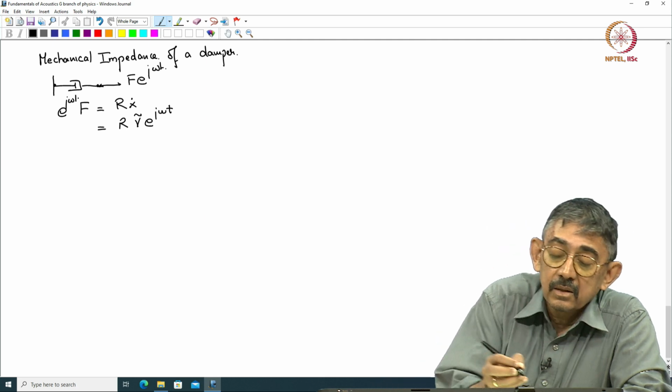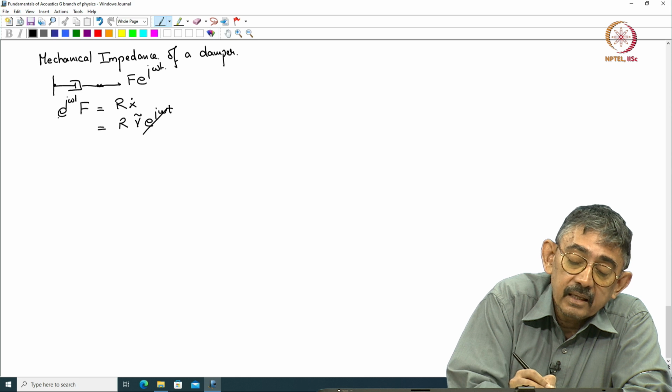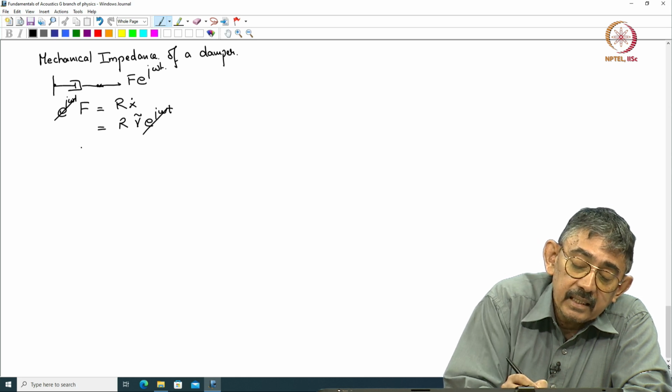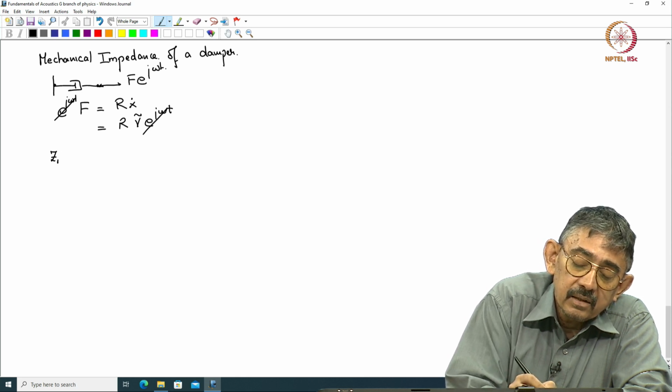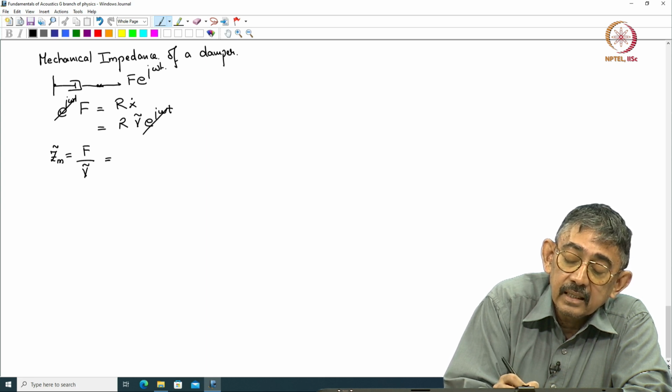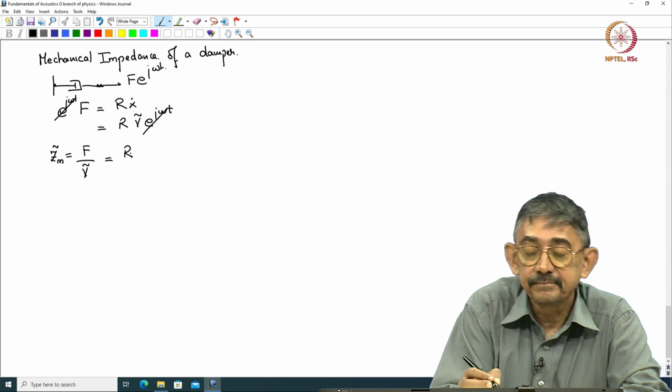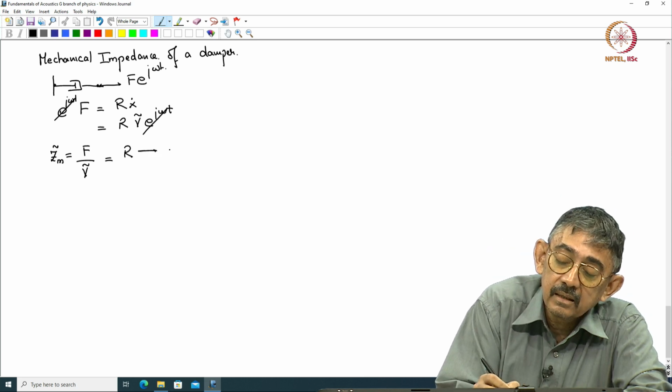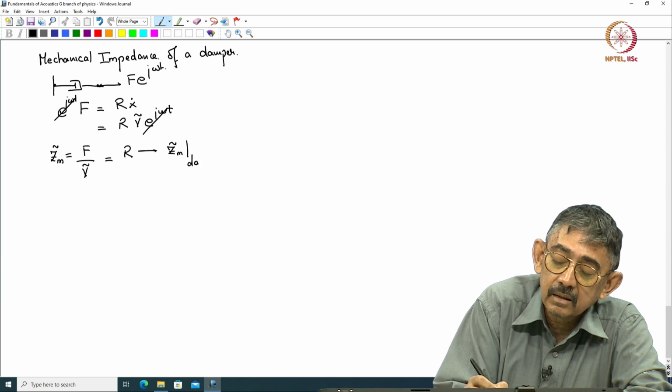Okay. So then if I remove e to the power j omega t, my definition of mechanical impedance is force over v tilde, and that is equal to R. This is the mechanical impedance offered by a damper.